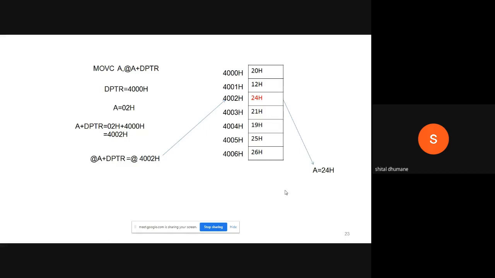You can access that data from the lookup table one by one with the help of this instruction. From the lookup table, you can access the first data and move it into the accumulator. Then the index gets incremented by one, and you get the second data from the lookup table into the accumulator. That's why it is called index addressing.